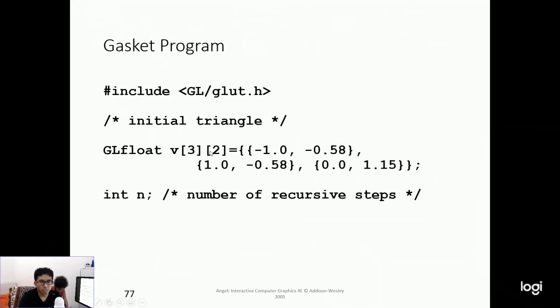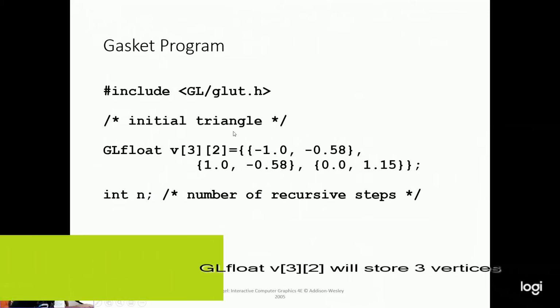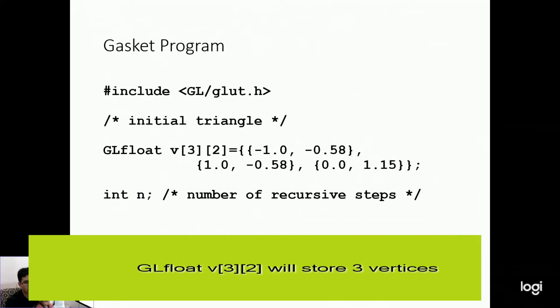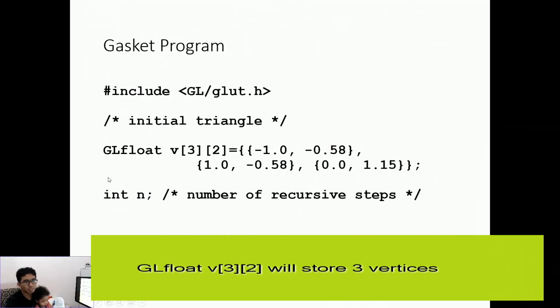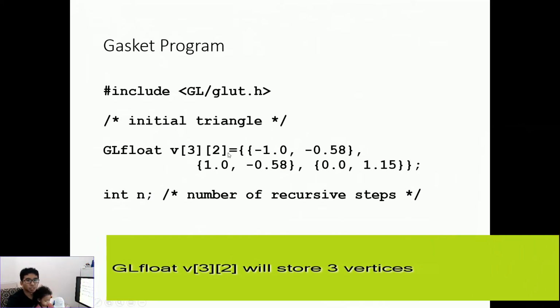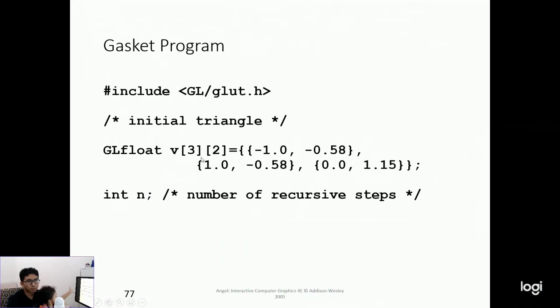So this is the first program. We declare an array, a 3 by 2 matrix. This is the first coordinate: -1, -0.58 for the y.